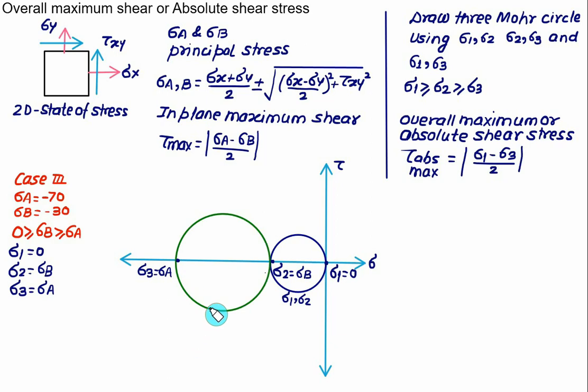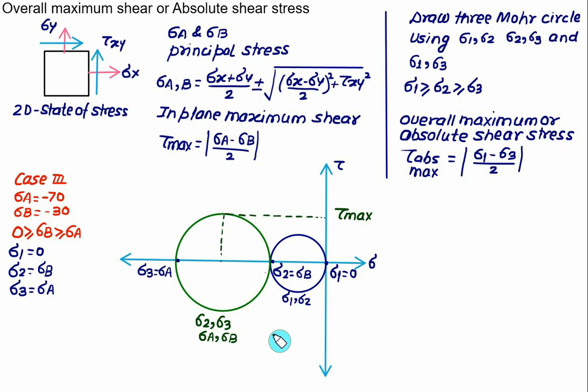So this Mohr circle is drawn for sigma 2 and sigma 3, that is, for sigma A and sigma B. Naturally, if I measure the radius of this Mohr circle, that is the value of tau max in the case of the plane of maximum shear. So this value corresponds to tau max, which is equal to the in-plane maximum shear.